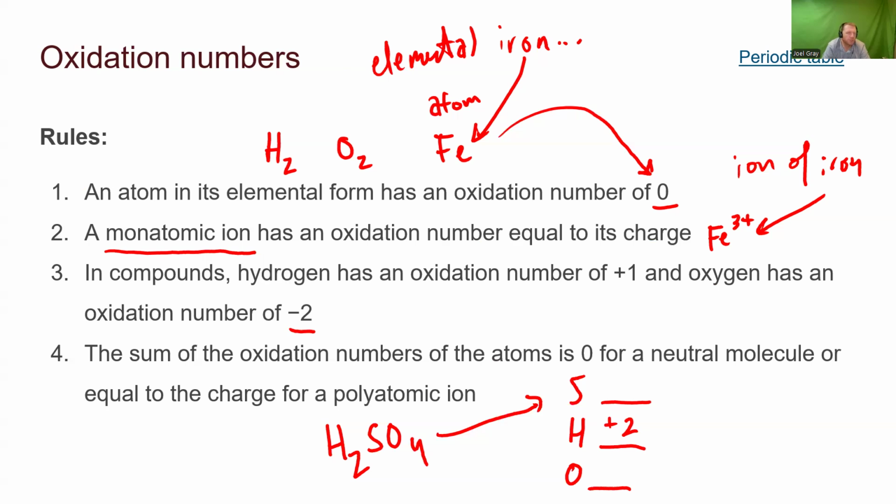Sulfur, let's come back to that. Oxygen, there's 4 of them, and they each have a charge of -2. So 4 times -2 is -8. Essentially what we've got here is a math problem. The charges will add up to be 0.